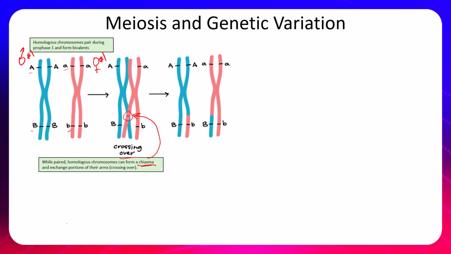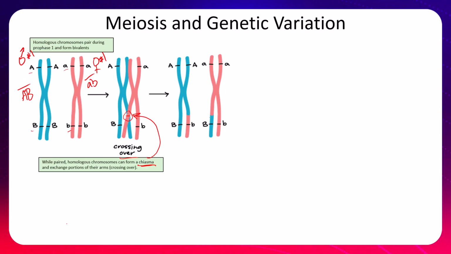So when we look at the original paternal chromosome, it had a dominant AB linked, and the original maternal chromosome has a recessive ab linked. And when I say linked, the little a and little b are located on the same chromosome, on the same sister chromatid.